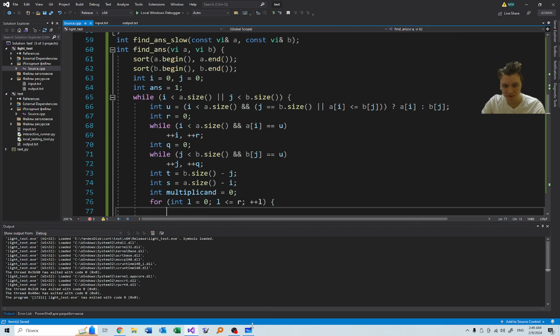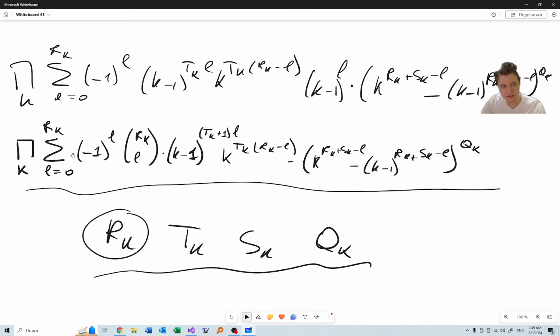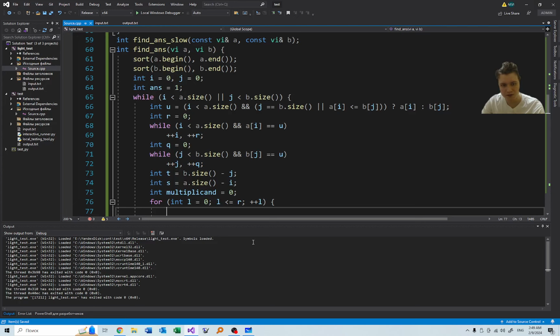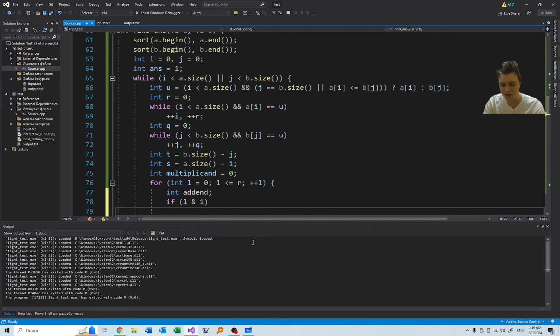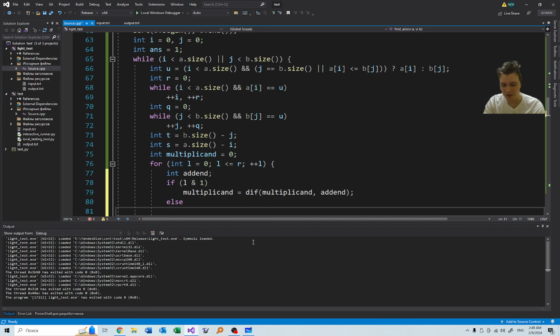Let's think. So I need to calculate int addend, and if L is odd, then I need to subtract it from multiplicand. Else I need to add it.